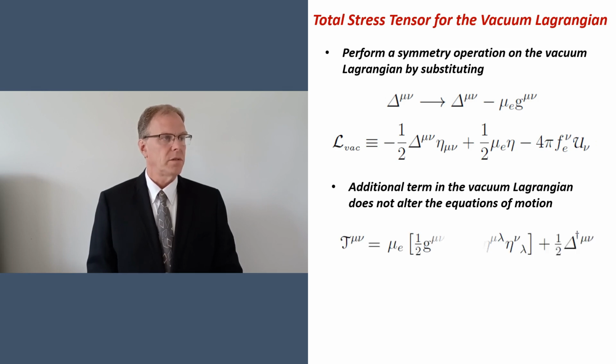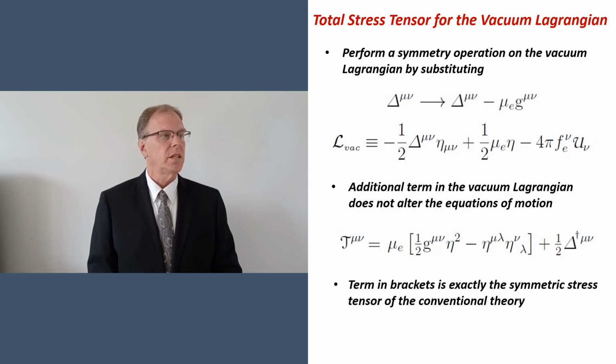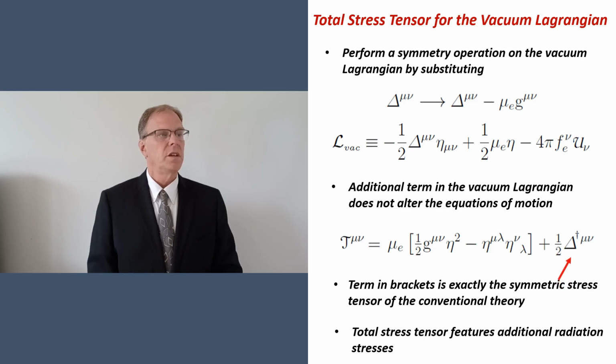Meanwhile, the total stress tensor T mu nu generated by the two-term Lagrangian also has two terms. The first term in brackets is identical to the symmetric stress tensor of the electromagnetic theory and must be symmetrized in a similar way. In addition, there's now a new term contributing radiation stresses shown by the floating red arrow.